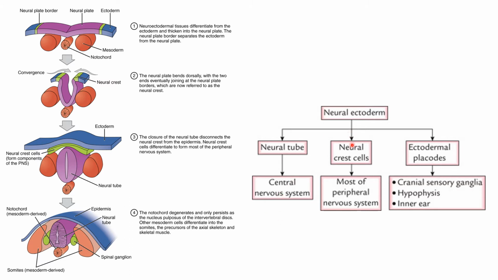The neural crest cells, which we have studied as the detached portion of the neural ectoderm from the neural tube, give rise to most of the peripheral nervous system. The other cells which remain in the ectoderm itself but are components of the neural ectoderm form ectodermal placodes, and they form the cranial sensory ganglia, hypophysis and the inner ear.